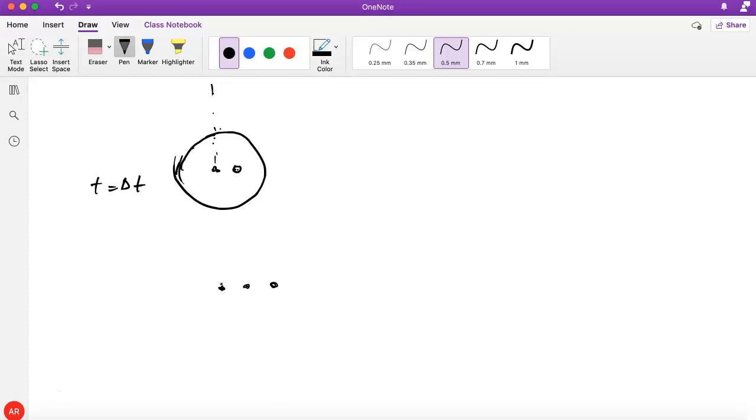So there's going to be a bigger wavefront over here, and another wavefront around this point.